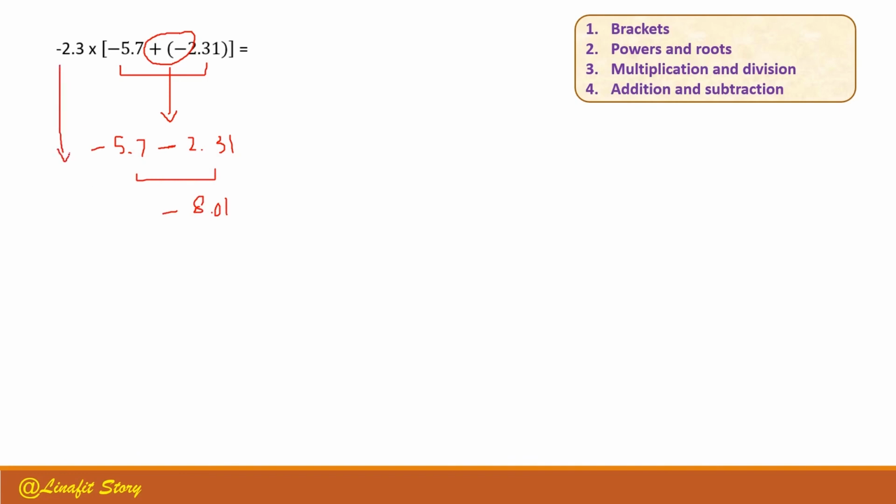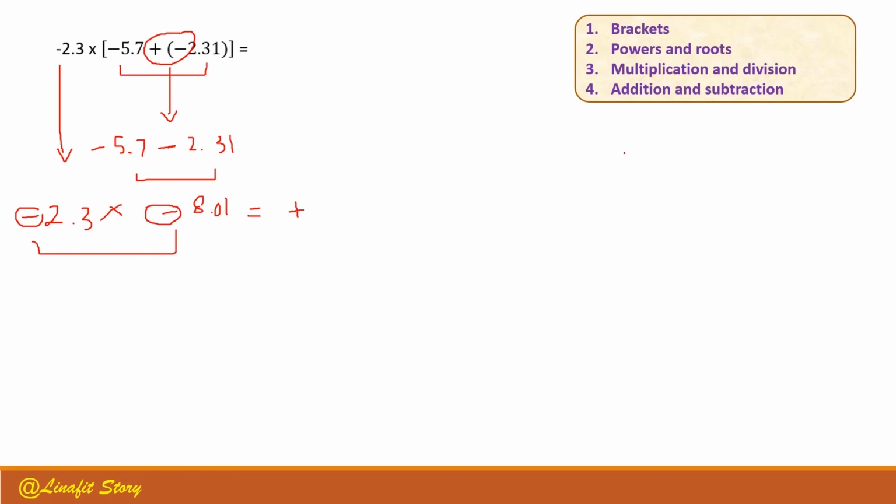And after that, negative 2.3 times negative 8.01. This is negative, this is negative. Same sign. So you meet your friend. If you meet your friend, the result is positive.